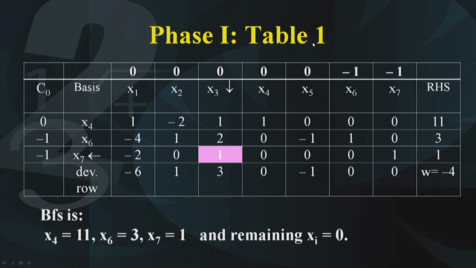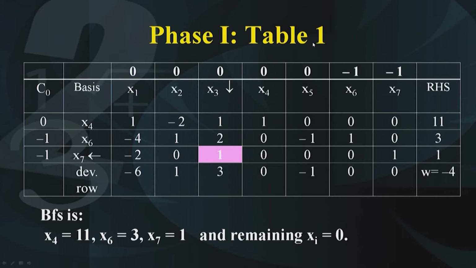However, there is a difference in the topmost line. You will observe that since the objective function is different now, we have set aside the original objective function and considered a new objective function, which is nothing but the sum of the artificial variables. So, our objective function minus w has coefficients corresponding to x1, x2, x3, x4, x5 all equal to 0.